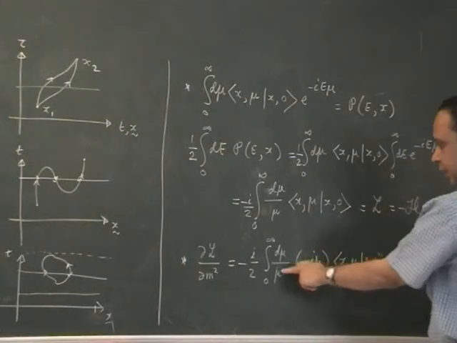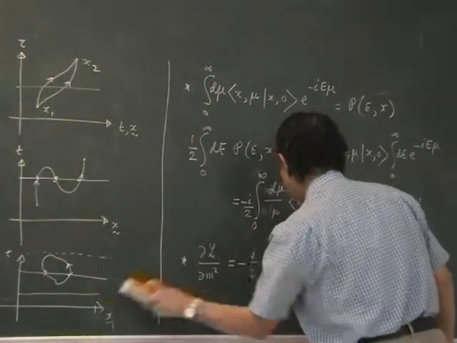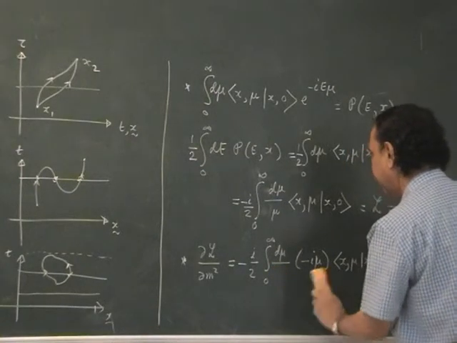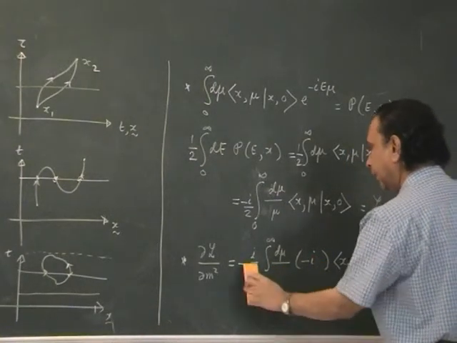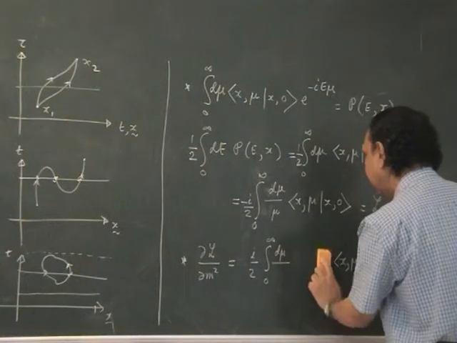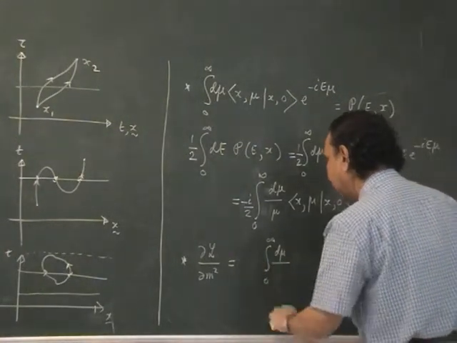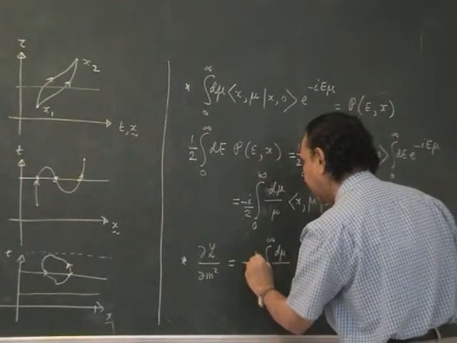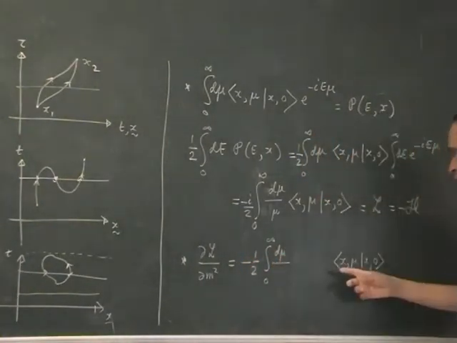The whole trick was to cancel this mu. So this mu goes with this mu. The minus sign and minus sign goes. i into i gives me yet another minus sign. So I get minus half integral over d mu of this quantity.